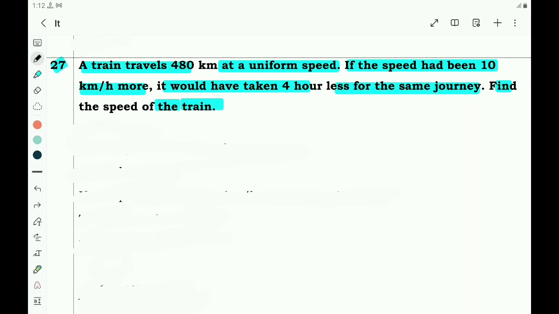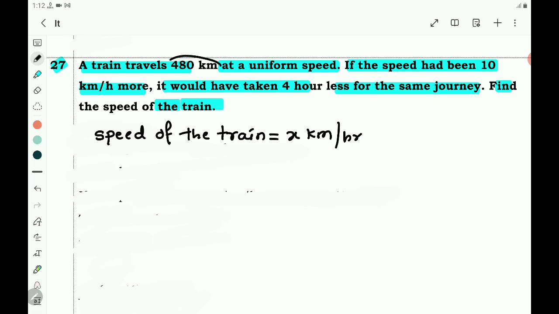Speed of the train. Let us take speed of the train equals x kilometer per hour. Then what is the distance? Distance to be travelled is 480 kilometer.